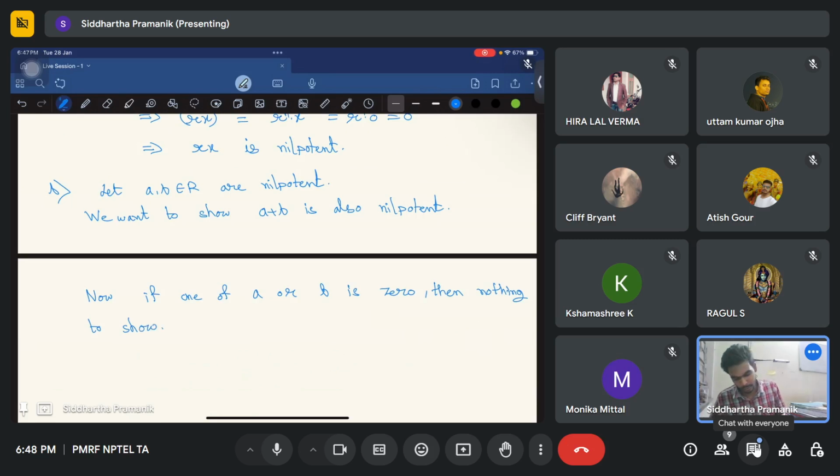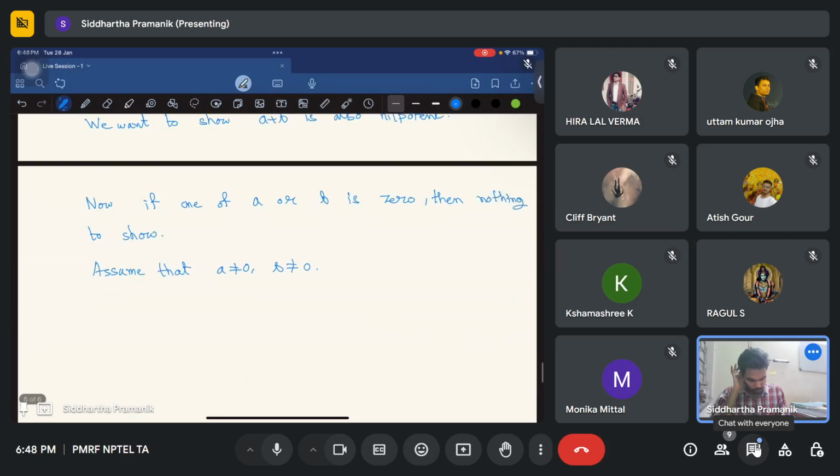So assume that a is non-zero and also b is non-zero. Now from the definition of nilpotent, we can write a power n equals 0 and b power m equals 0 for some positive integers n and m, right?